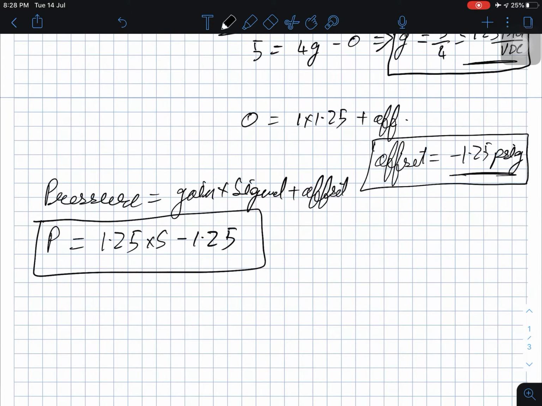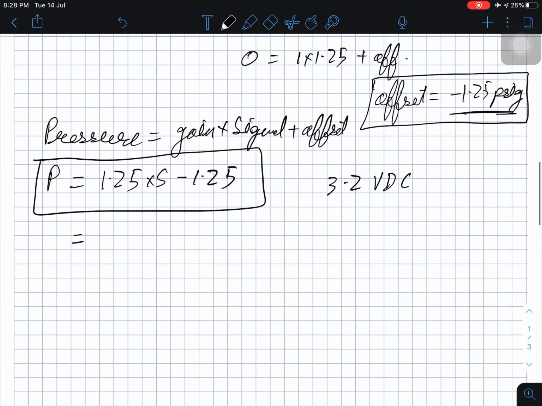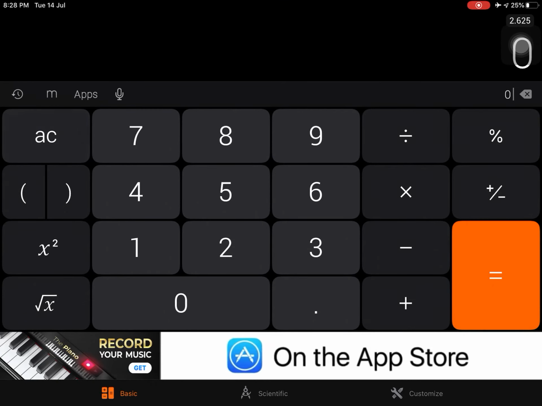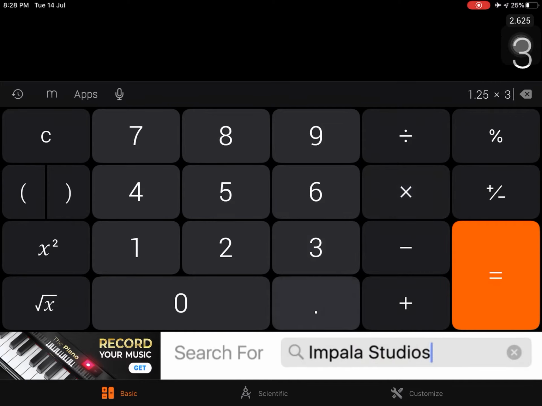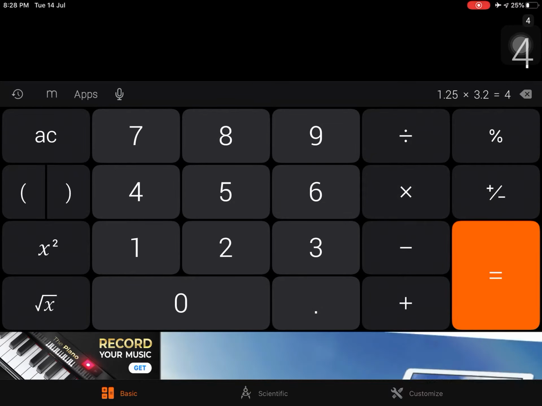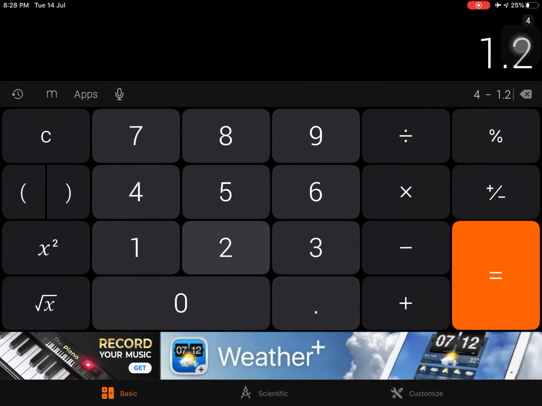Now let us say that the signal of the pressure transmitter is coming out to be 3.2 VDC, and we want to find out what the pressure is. So we can write it here, 1.25 multiplied by 3.2 minus 1.25, and if you calculate this, 1.25 multiplied by 3.2, you will get 4, and then you again subtract 1.25 from it.